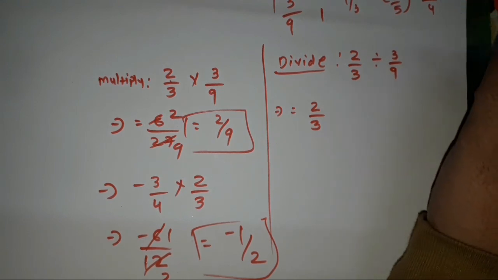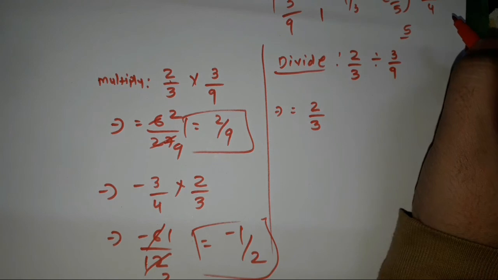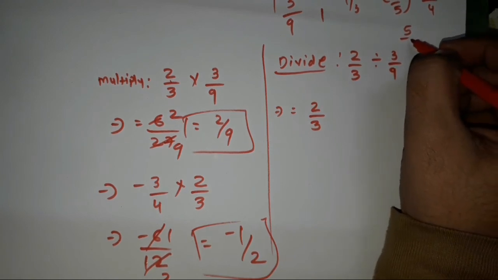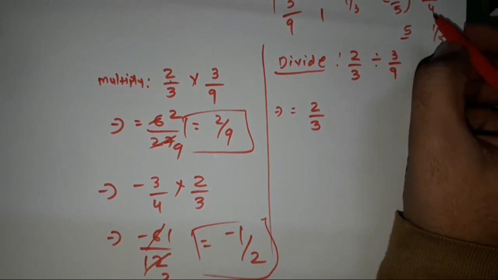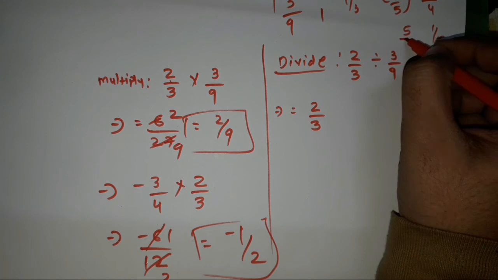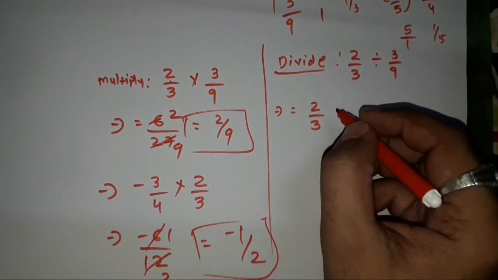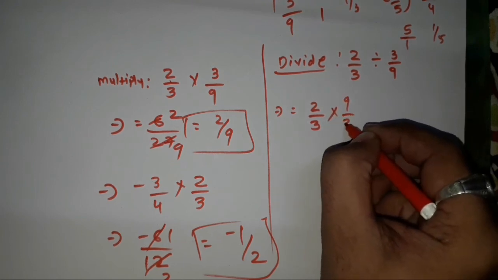Many times questions can be there to find the reciprocal. In some sums only an integer will be given, like 5. The reciprocal for that will be 1 upon 5, because as we discussed in the beginning, 5 is there, so I can write this as 5 upon 1. So for 2 upon 3, if I take the reciprocal of the second number, I will get 9 upon 3.